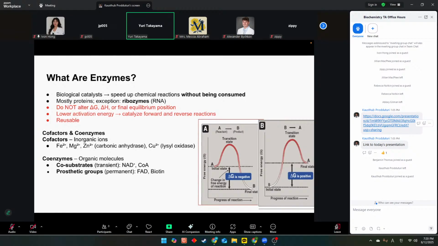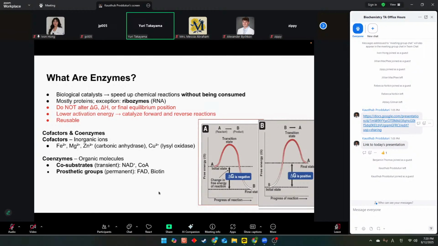With the exception of ribozymes, they're all made of proteins. And a high yield fact here is that enzymes never change delta G, delta H, or the final equilibrium. They simply lower the activation energy, allowing the reaction to proceed faster. And importantly, they work in both directions and they are reusable.